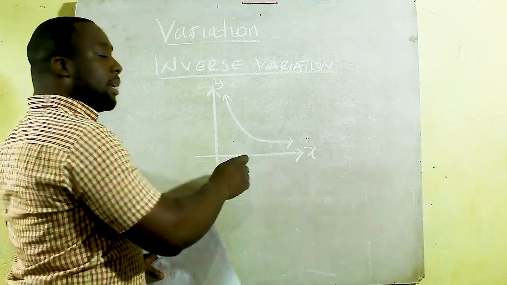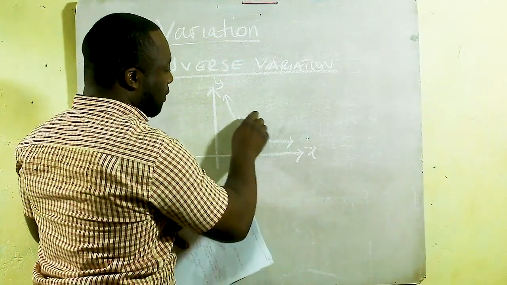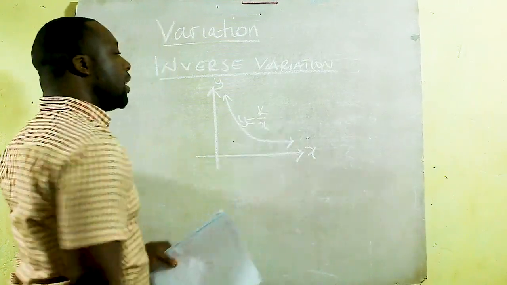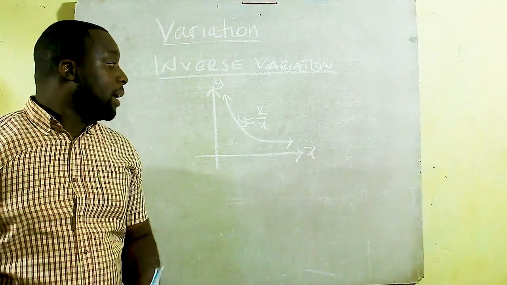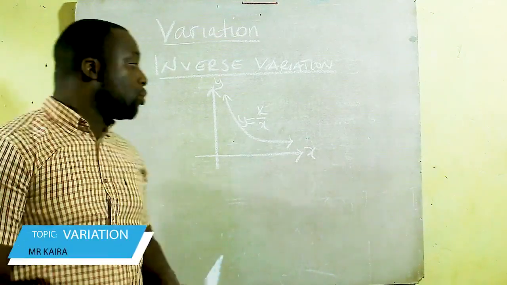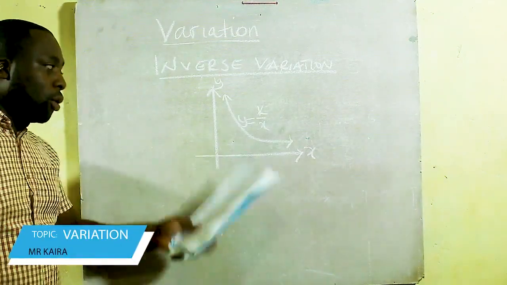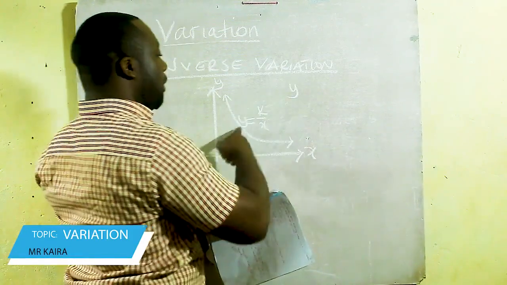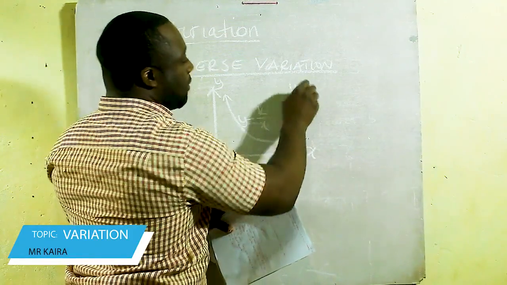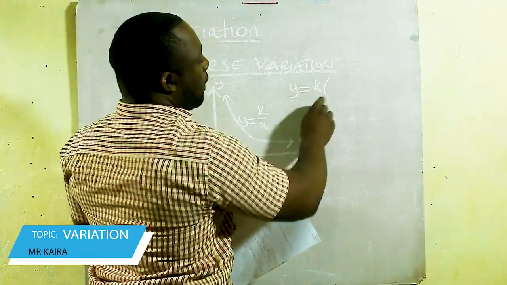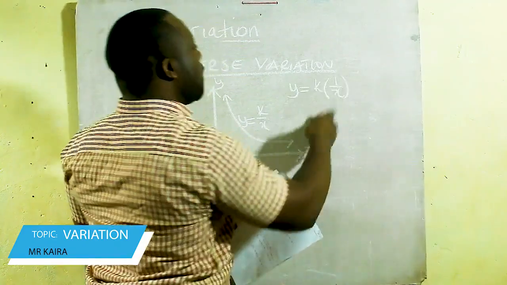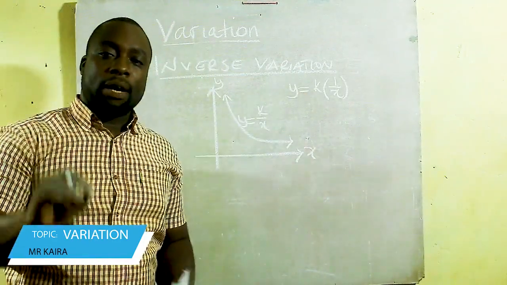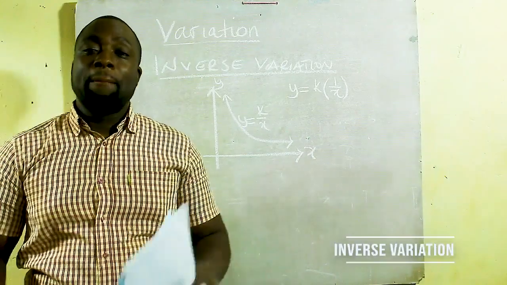It can be represented by the equation y is equal to k over x. So we can say y is equal to k times 1 over x, where k represents the constant of variation. Are we together? Very good.